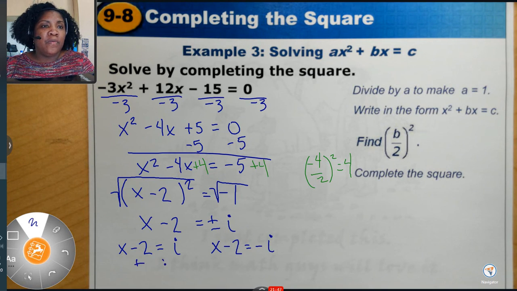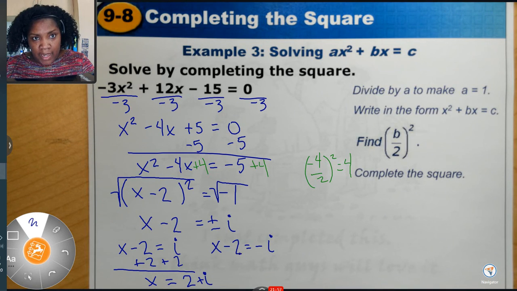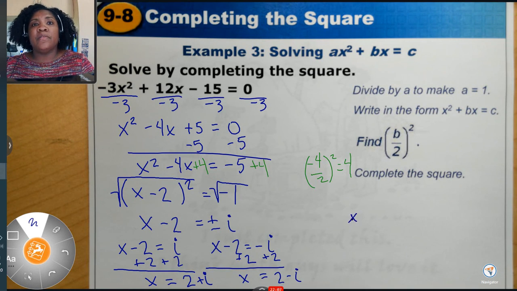Adding 2 for both equations, we have a solution that x is equal to 2 plus i, and adding 2 again gives us that x is equal to 2 minus i. So our solutions are 2 plus and minus i.